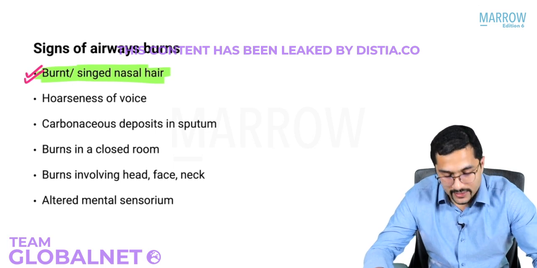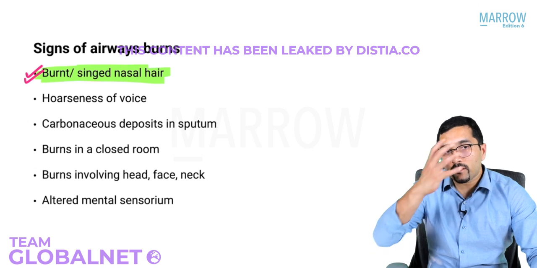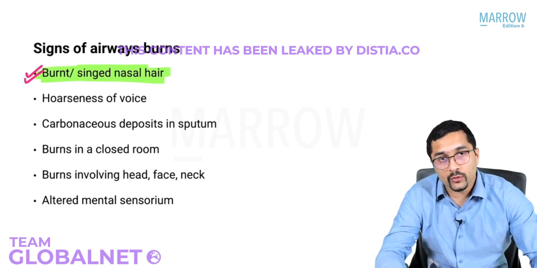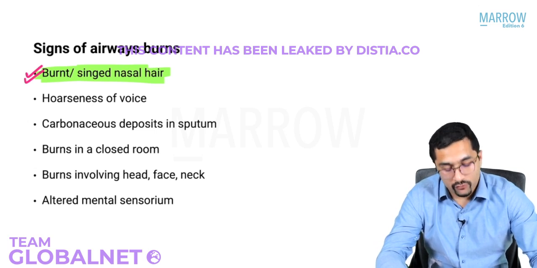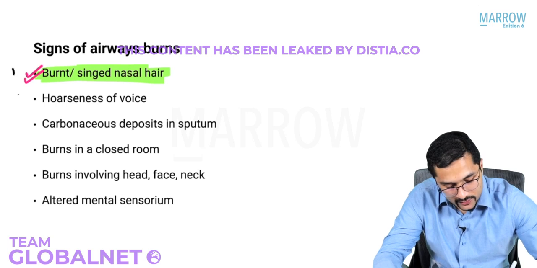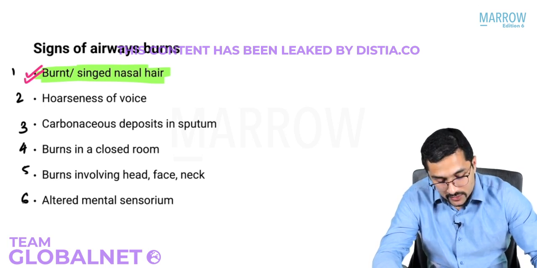Then if you have burns in a closed room, burns involving the face and the neck, if there are carbonaceous deposits in the sputum, if there's hoarseness of voice and altered mental sensorium, these are the points which you need to remember. And if any of these points are there, we suspect that there are airway burns.